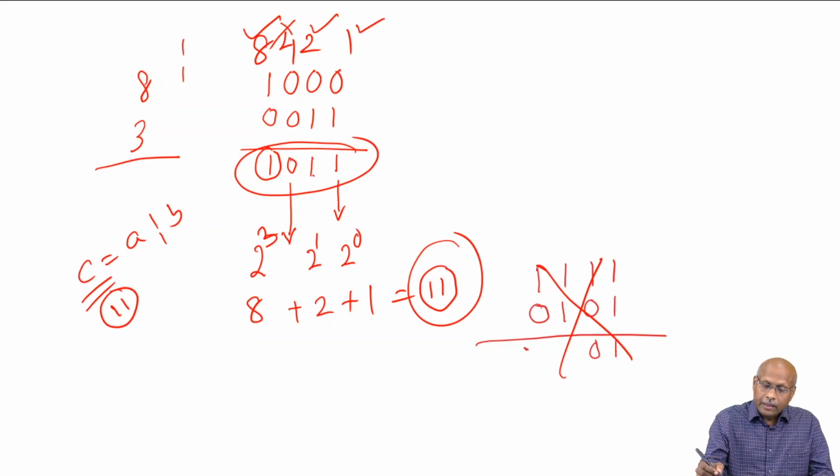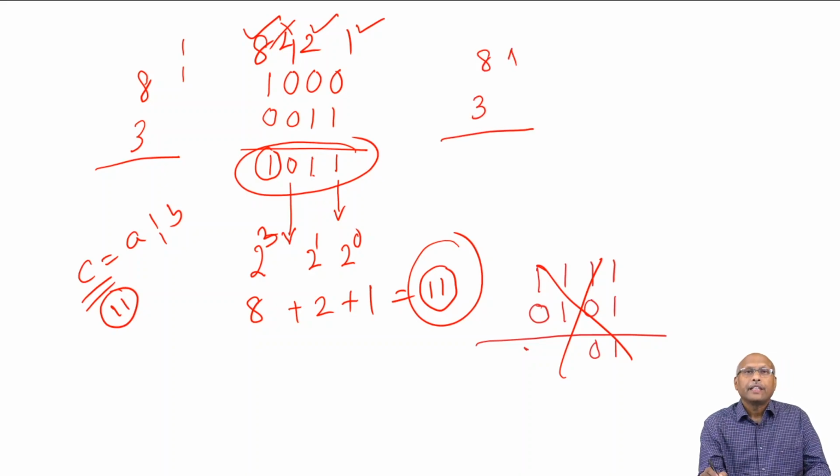Now, similarly, the XOR operation. I will show you the output also. In XOR, the bits must be different. 8 and 3, I want to XOR. In XOR, if both bits are different, then the value will be 1. If both bits are the same, the value will be 0.